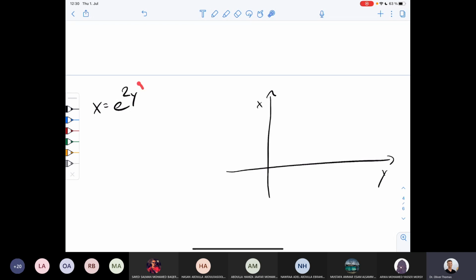Well, I'm not able to really show you what the difference between e to the 2y or e to the y is, because for me it's all going to look like the same exponential function. But the only thing we know is that when y is equal to 0, we get the point 1 over there. If we have very negative values, it goes like this, and afterwards it grows very rapidly. So it's a standard exponential function.